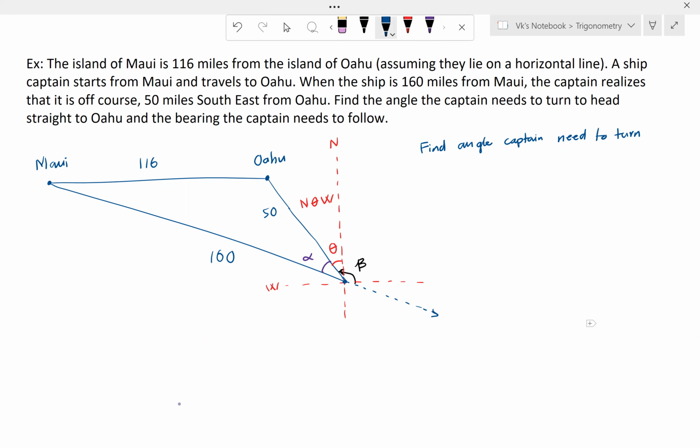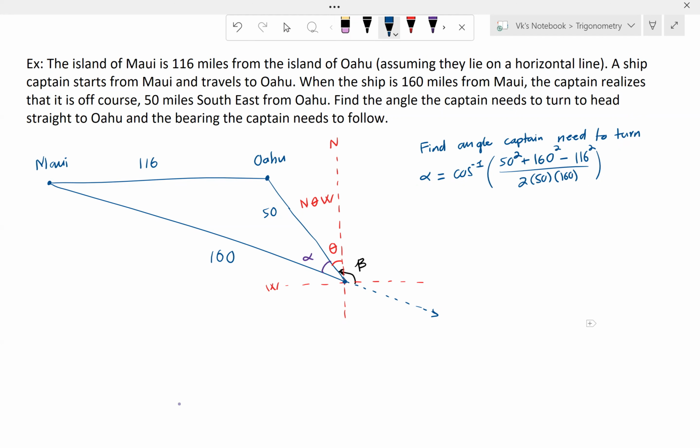Now, this is a triangle and three sides are given, so we can use the law of cosines. Alpha is arccosine of 50 squared plus 160 squared minus the length opposite the angle alpha, that is 116 squared, over 2 times 50 times 160.